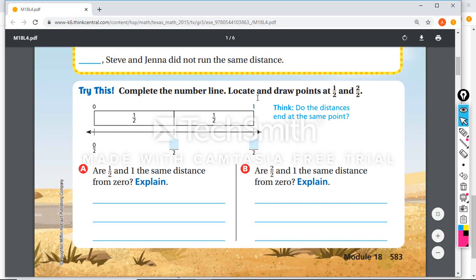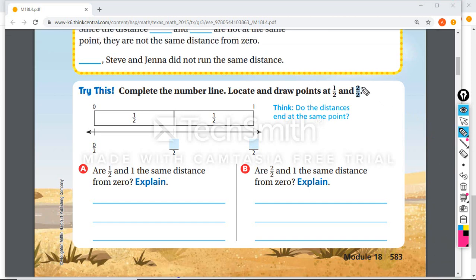Complete the number line, locate and draw points 1/2 and 2/2. Sorry, 2/2. And whenever you have a numerator over a denominator that are the same number, it equals 1. This equals 1 whole. Okay? So this is a half, and this is a whole here.